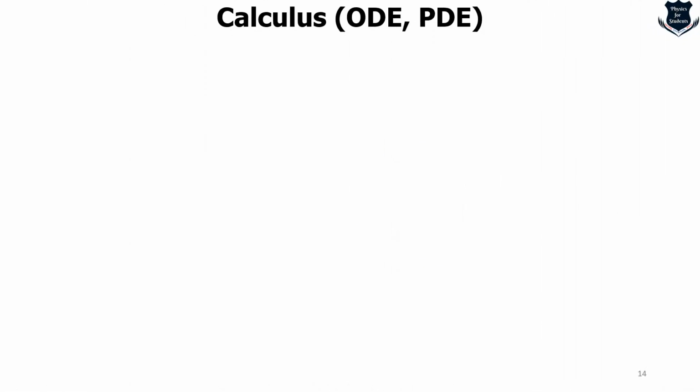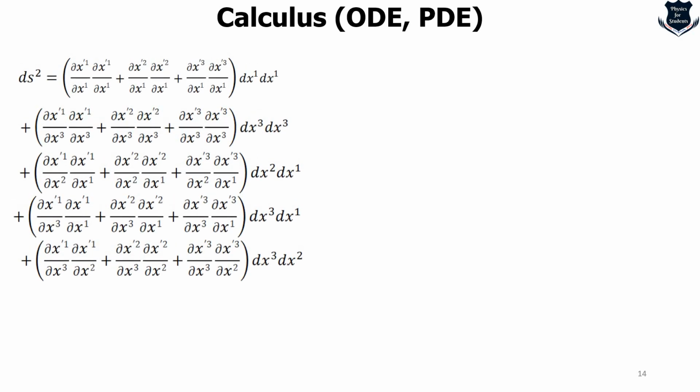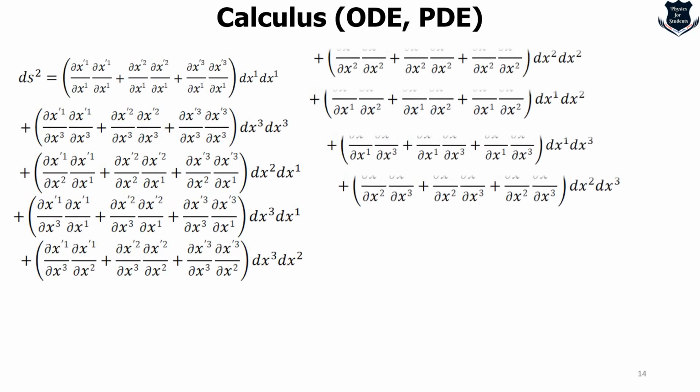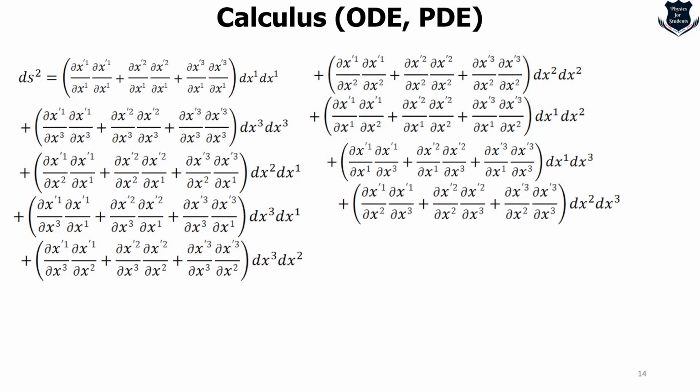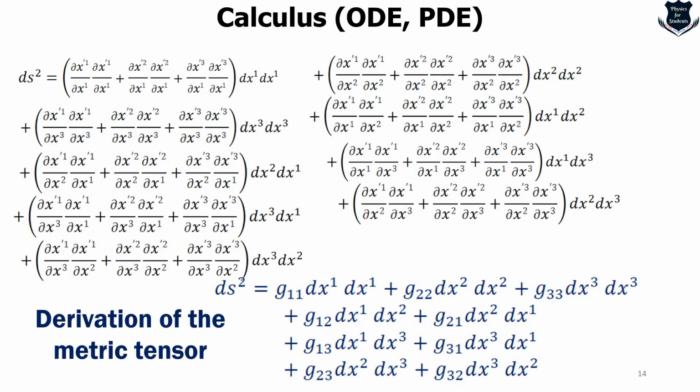Now further you can see these huge calculations which I have actually made in one of the videos. This is nothing but the derivation of the metric tensor, which measures the causal structure of space-time. Now all this dx1, dx2 and g11, these are nothing but partial differential equations. As you can see on the screen, this is a huge derivation of partial differential equations, and that shows why you need to know partial differential equations.